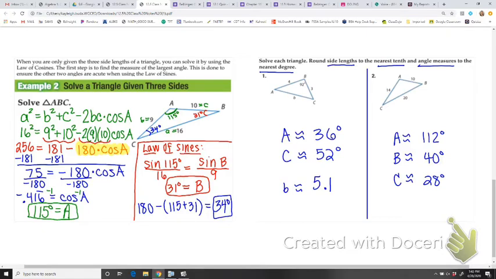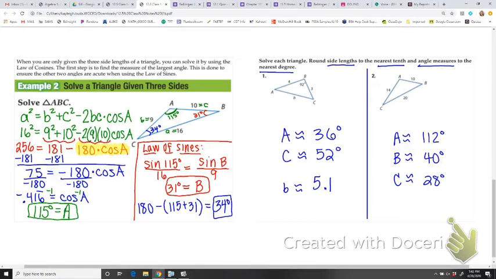Now you should make sense of your answer. It's an obtuse angle, so it should be higher than 90 degrees. If you get something that's less than, you made a mistake somewhere. So now that we have angle A, we can use the law of sines from before. So set up a ratio. So sine of 115 degrees over its opposite side, 16.